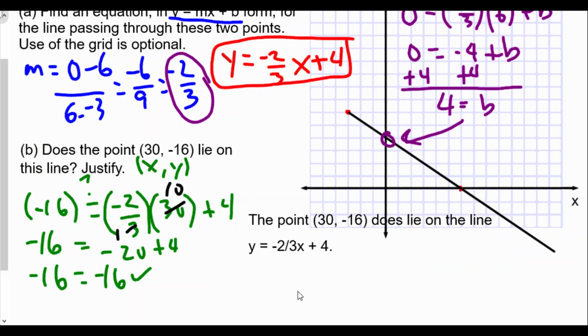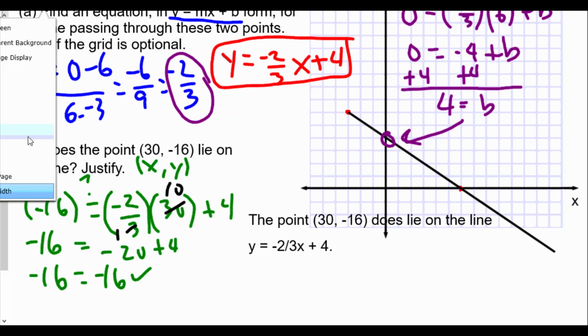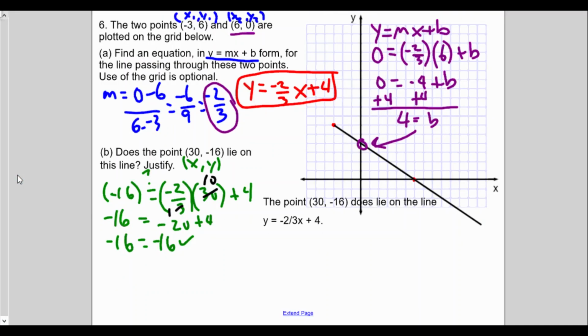The reason is because it balances out. It does fit the equation. So that's how we know. All right, so it makes a full page for you guys to see. Okay, ladies and gentlemen, our next question.